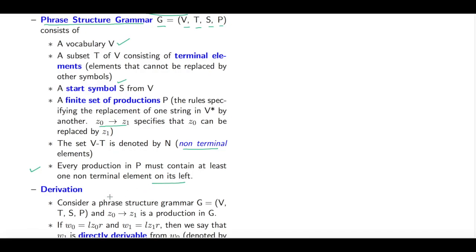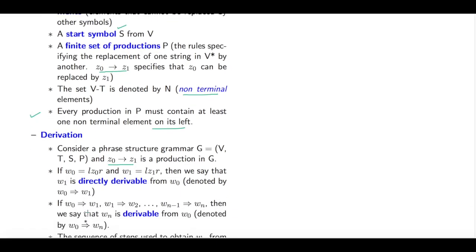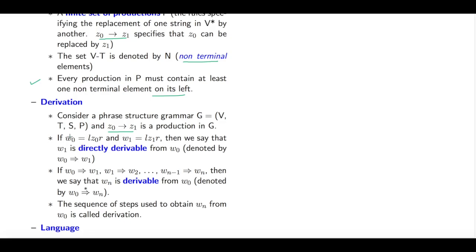About derivation. Okay, now we again consider the same phrase structure grammar V, T, S, P, and let's say that Z0 can be replaced by Z1, and it's in the productions of G. Then if W0 is a concatenation of symbol L, symbol Z0 and symbol R, and W1 is a concatenation of symbol L, symbol Z1 and symbol R, then we say that W1 is directly derivable from W0, and we write W0 derives W1.